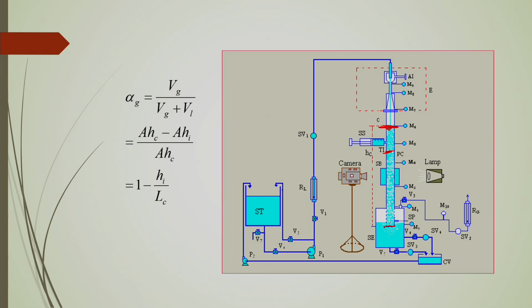Now, very interesting: if you suddenly stop your operation of this liquid, what will happen? You will see this gas-liquid mixture height gradually decrease, and it will come to a certain height where you get only the clear liquid height.